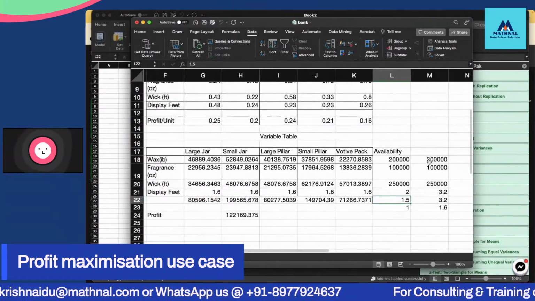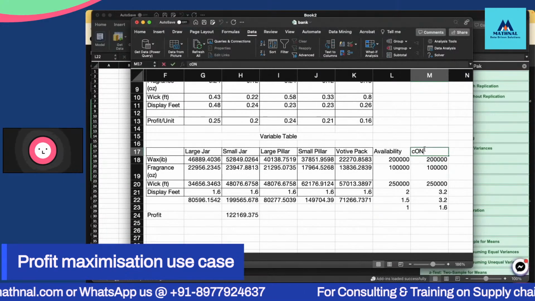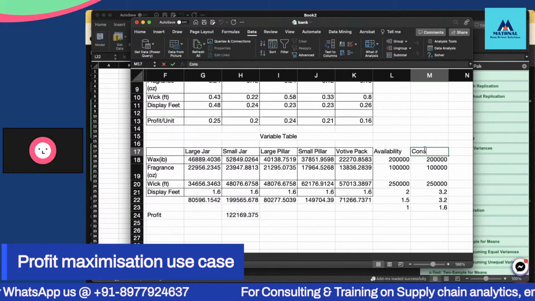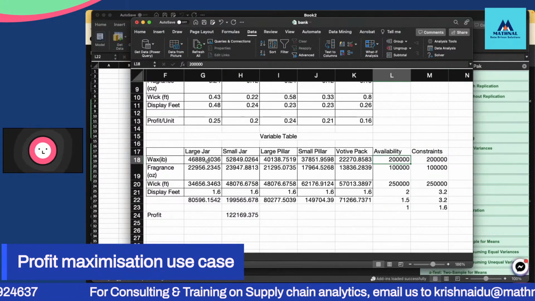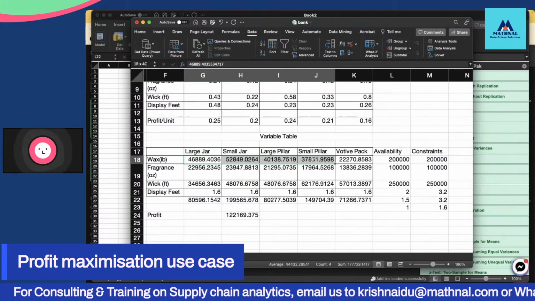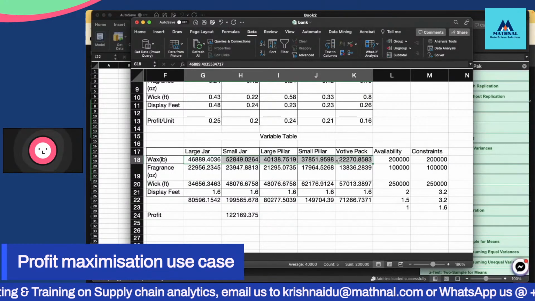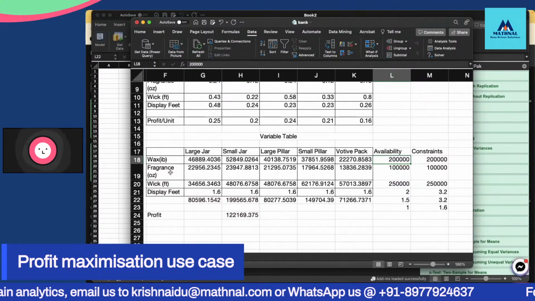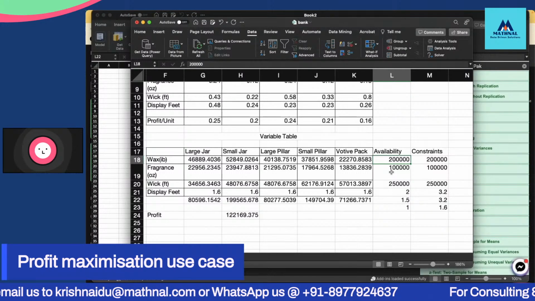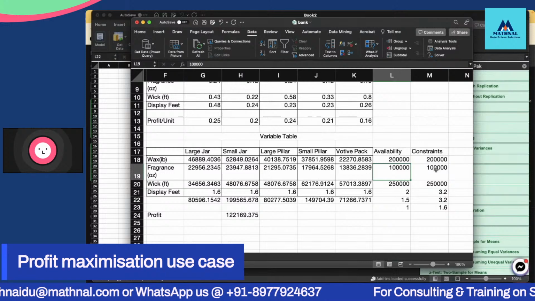See, if you look at the constraints satisfied. So this is my constraint. This is the total production, a total bill of materials, the total raw material requirement has to be equal to 200,000 for wax. The total fragrance we require is 100,000, but we're also getting the same thing.